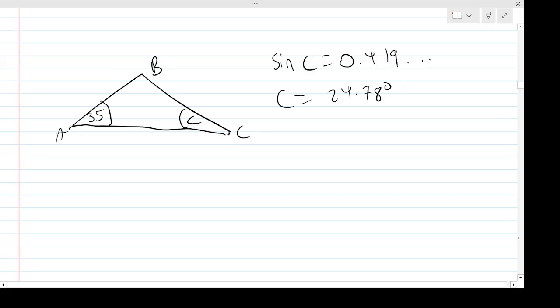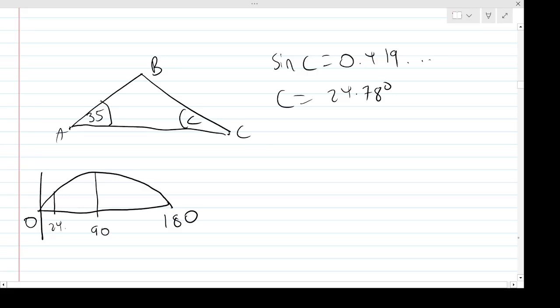To work that out, consider the sine curve between 0 and 180. Well, 24.78 is going to be roughly there, bearing in mind 90 is in the middle. So 24.8 is there, and the other solution, if we go across like this, would be about there. So that would be the other value of C, the other angle for C.